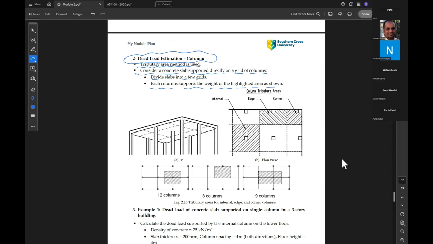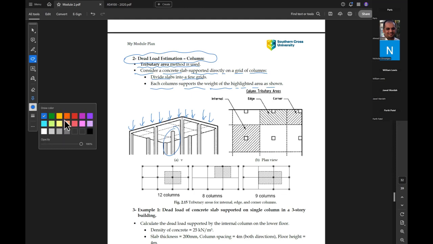So for example, if you have this slab with some uniform load on it, and we need to calculate the load on each column, for example this middle column or any column of them, we have some dimensions in this direction and some dimensions in this direction.